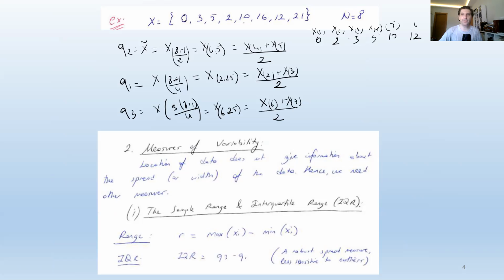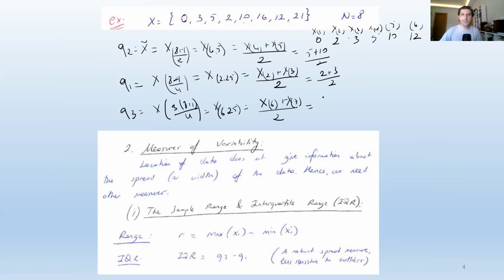Well, actually, it gets boring, so I'm just going to write them in this fashion. So here, x4 and x5 is going to be 5 plus 10 over 2. You can compute the results. And this one is going to be equal to 2 plus 3 over 2.